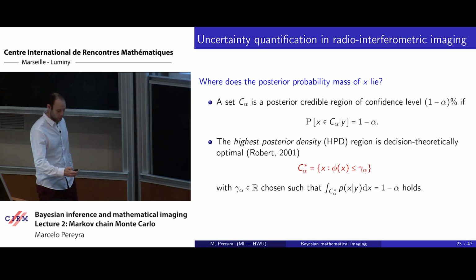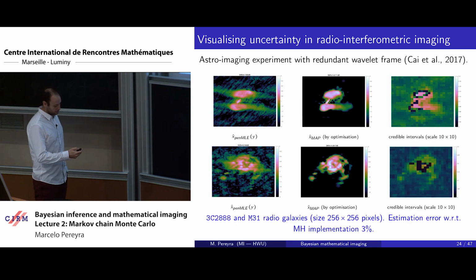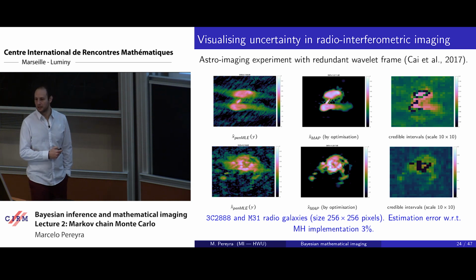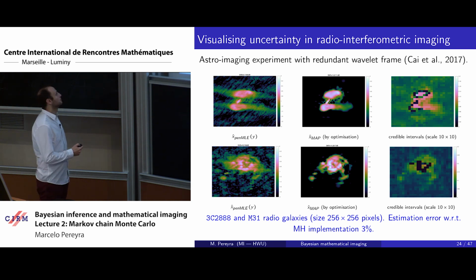So some good candidates of what the true image looks like. If I do that, for instance, in one of the radio interferometry problems, this is the estimate that you get if you just do penalized least squares. So it's rubbish. It's what we call the dirty image.